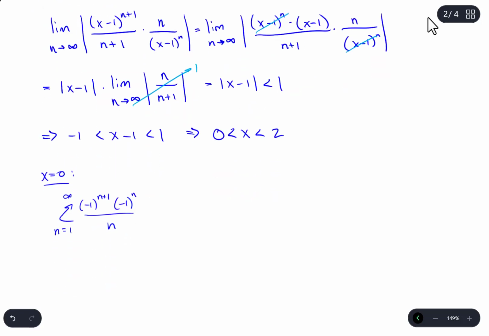So let's see how this reduces. This would be the series n equals 1 to infinity. Essentially, negative 1 to the n times negative 1. That could decompose into that. And the nice thing of doing that is these terms are in steps, so they cancel out.